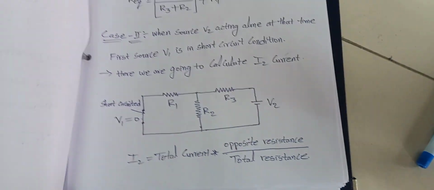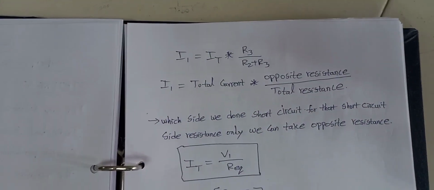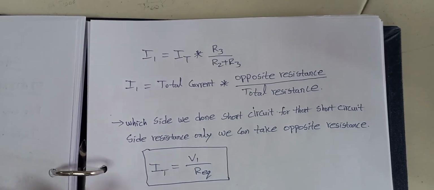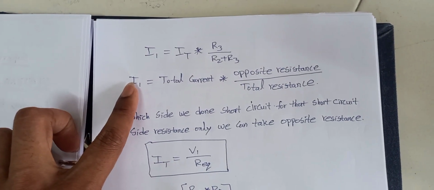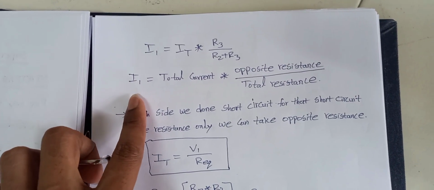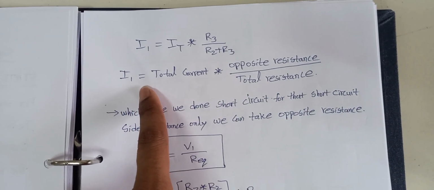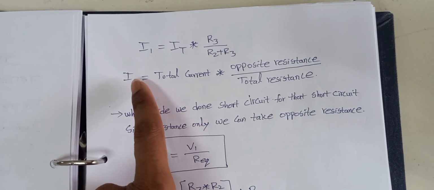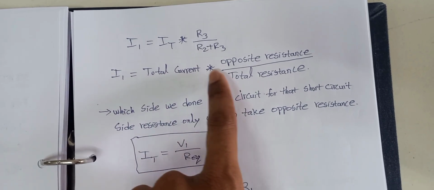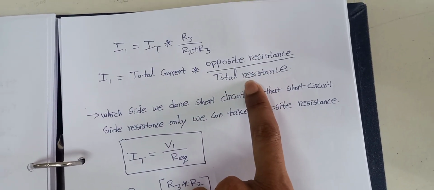Then we can solve this network by using the current division rule. By using the current division rule we calculate I1 current. I1 current is equal to total current into opposite resistance by total resistance.